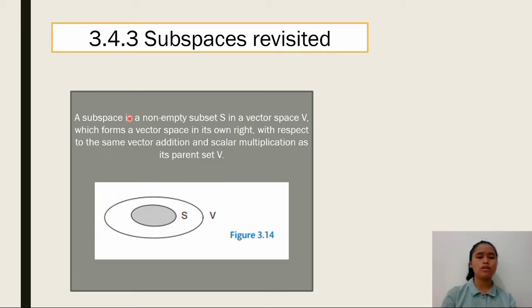A subspace S is a non-empty subset S of the vector space V that forms a vector space in its own right with respect to the same vector addition and scalar multiplication as its parent set V.